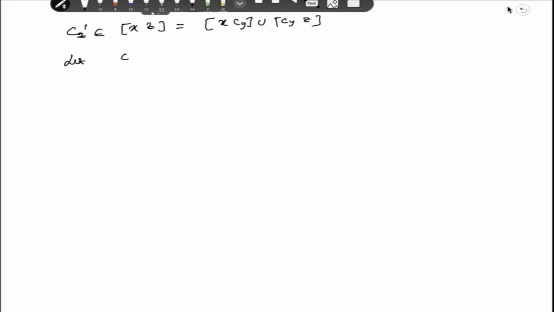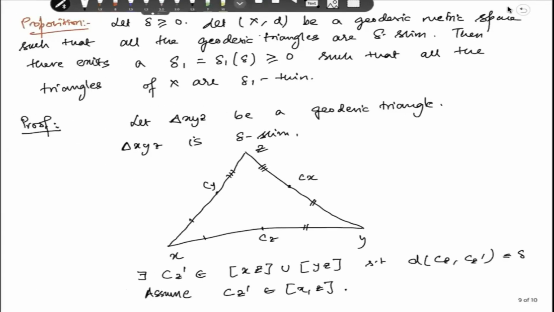Let this CZ prime belong to X CY. Yeah. So CZ prime belongs to this X CY. And we know that this distance is less than or equal to delta.